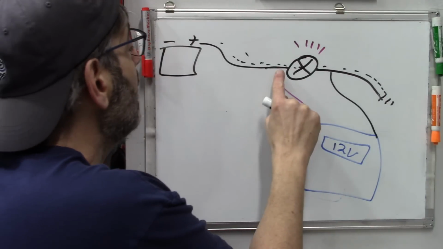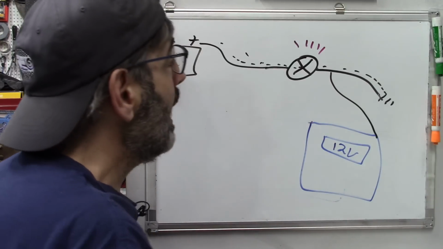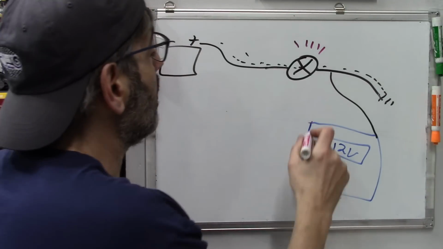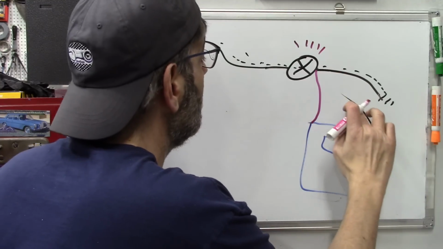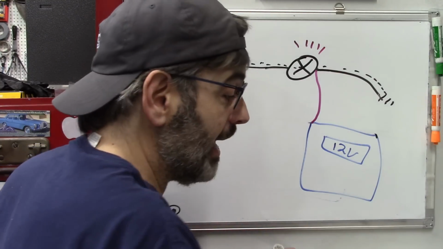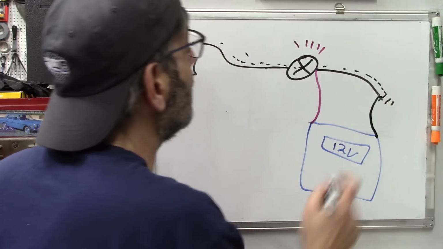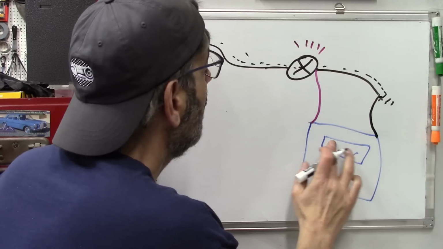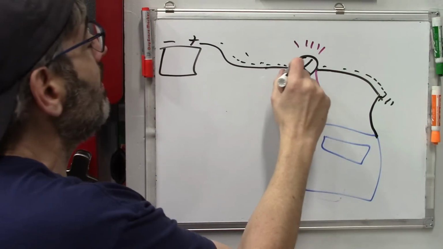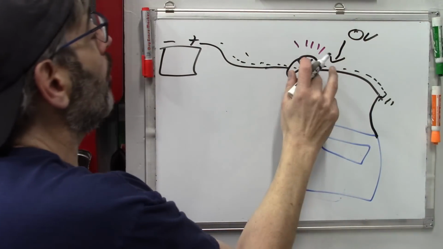All right, now, if we were to take our positive lead and measure for voltage drop on the ground side, if we measure there and we take our DVOM and measure here, what should we read on the meter? Ideally, we know that after the resistance, we should have 0 volts.